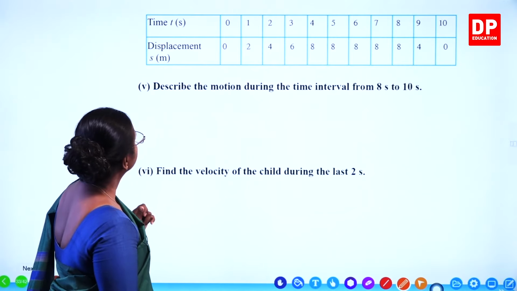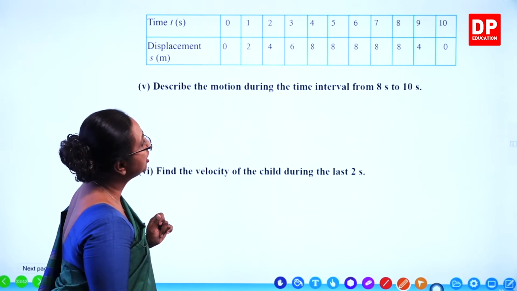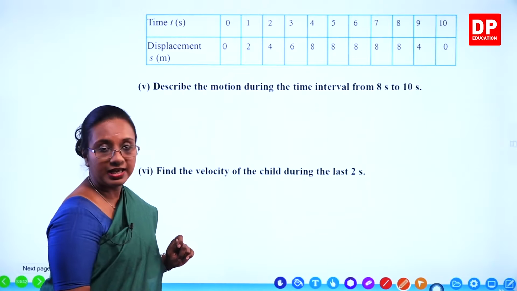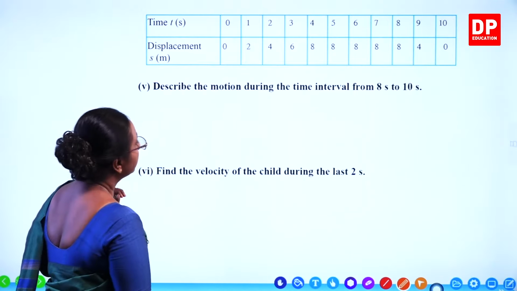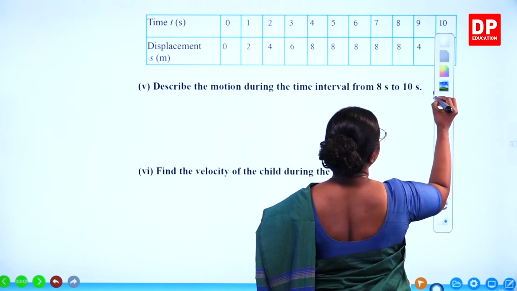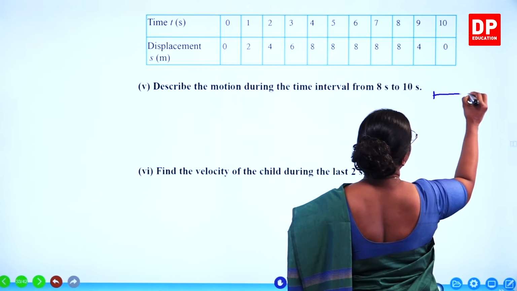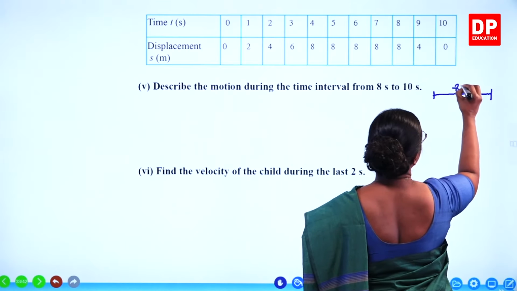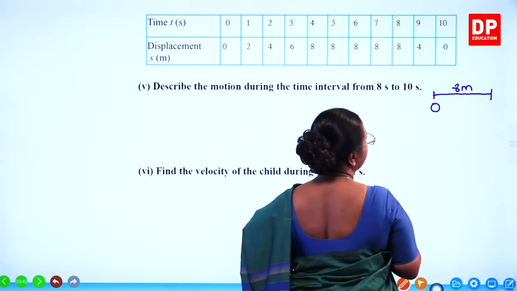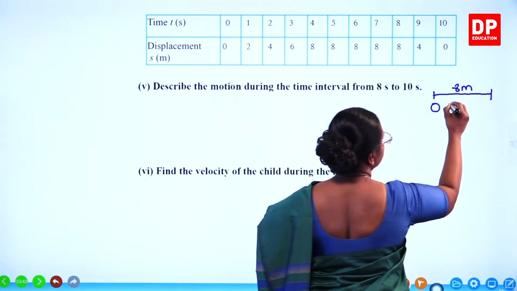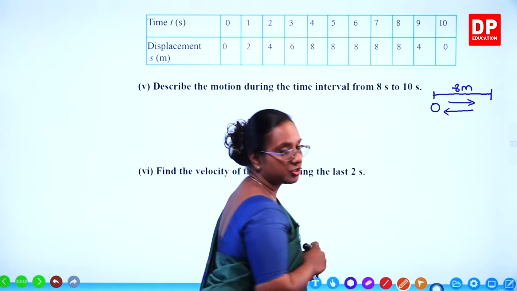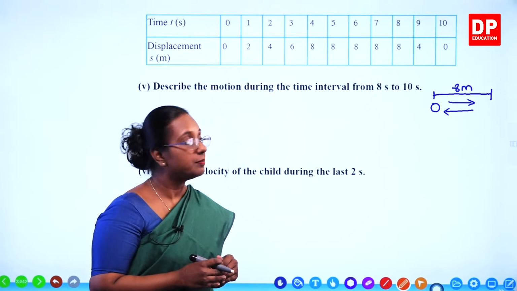The next question, describe the motion during the time interval from 8 seconds to 10 seconds. So if you are to understand this, initial position was here, then the child moved from here to 8 meters, and then again the child is back at 0 meter. So first this direction, then in the backward direction to the initial point.